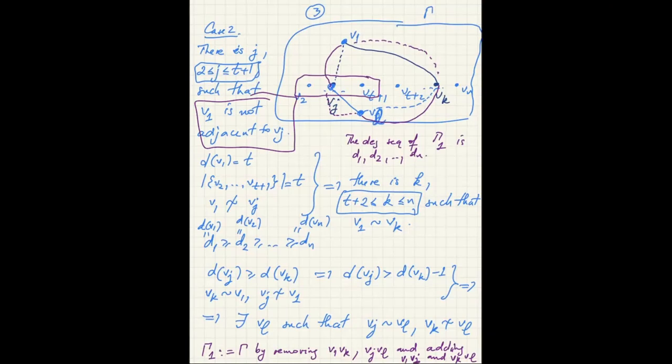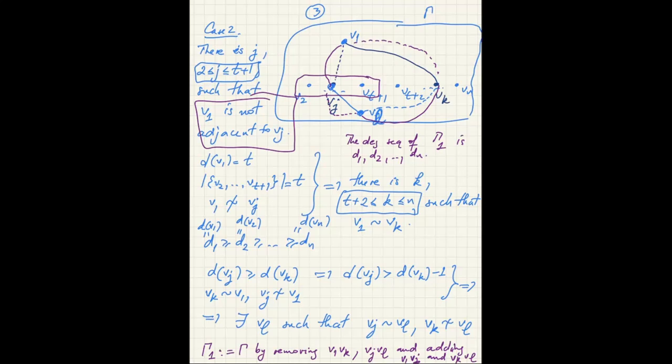If now we look at the graph gamma 1, if the vertex v1 is adjacent to all the vertices v2 up to vt plus 1, we are again in case 1, and we are done. Otherwise, if there is a vertex among those v2 up to vt plus 1 such that v1 is not adjacent to that vertex, we repeat this procedure.